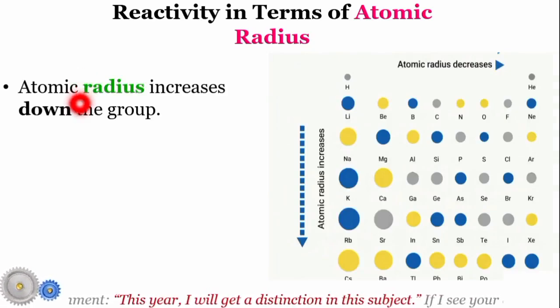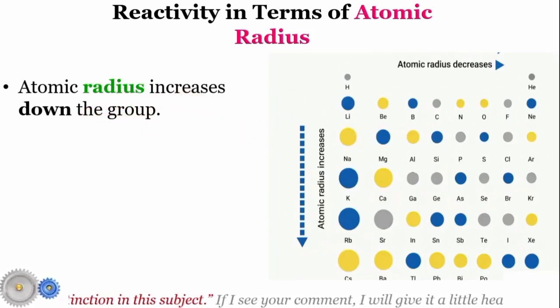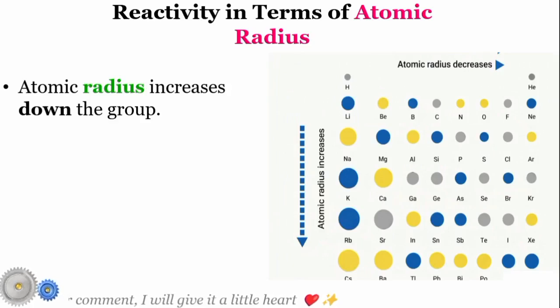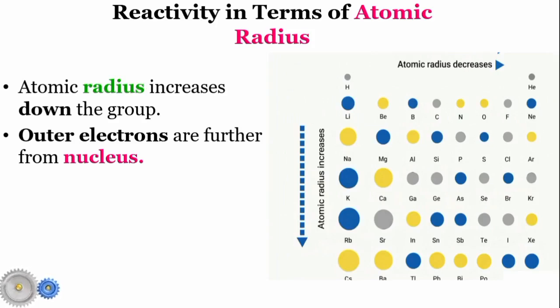Atomic radius increases down the group. So as we go down the group, atomic radius keeps on increasing as indicated here. Outer electrons are further from the nucleus. So the bigger the atomic radius means more shells surrounding the nucleus.